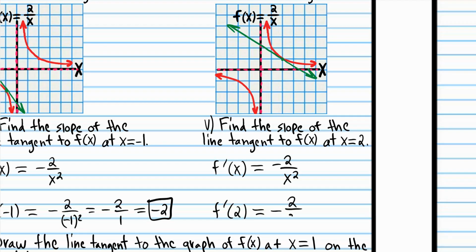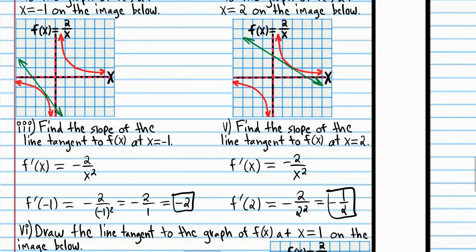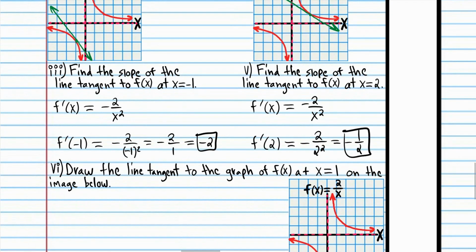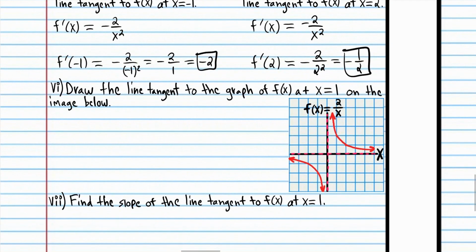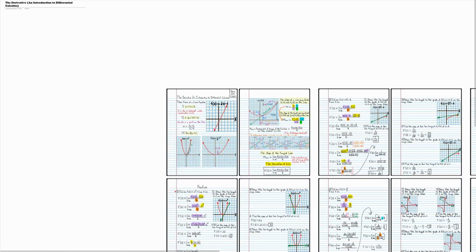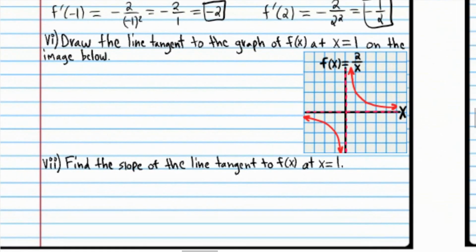So we have negative 2 over 2 squared, which is negative 1/2, if you simplify that. So that makes sense because this line shouldn't be as steep as the other line. Okay, so we found the instantaneous rate of change of the function at those two values.